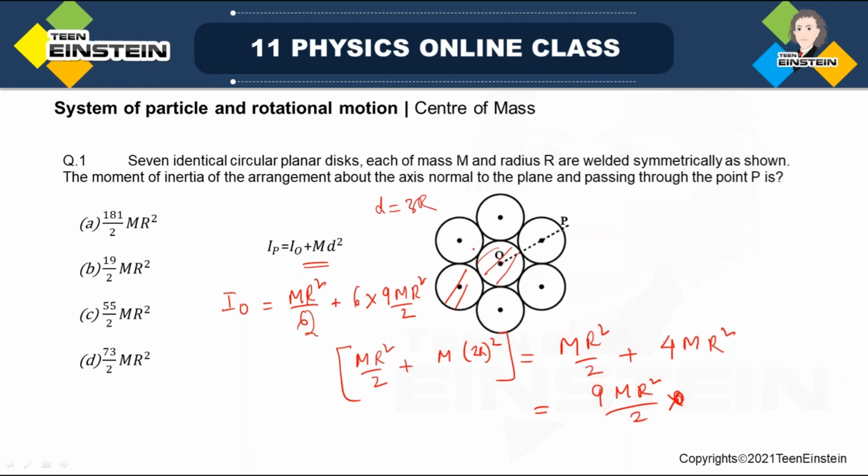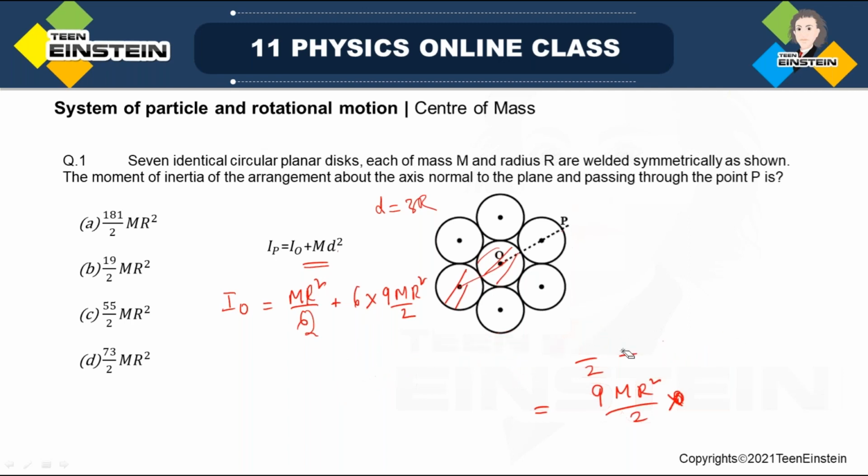This is the moment of inertia for this: MR square by 2 plus, by the parallel axis theorem, M d square, where d is actually 2R. From here it is R, another it is R, so 2R. So this is how I get 9MR square by 2, and I have to multiply by 6 to get the moment of inertia for the whole system about O. I hope you are agreeing with me.